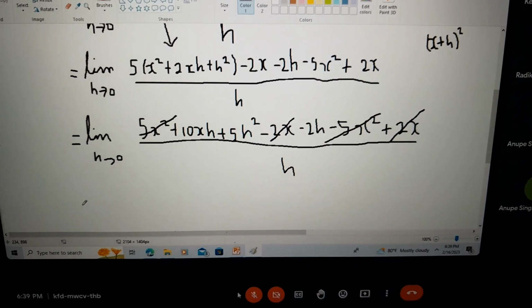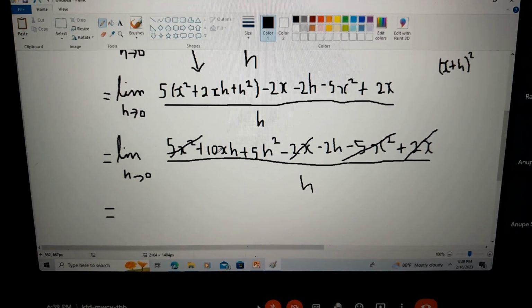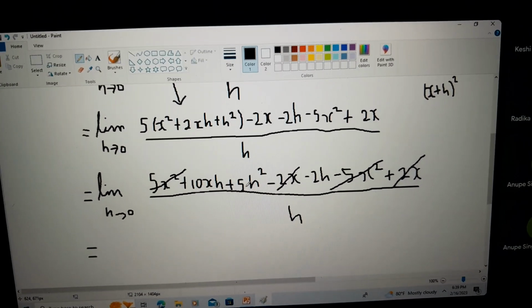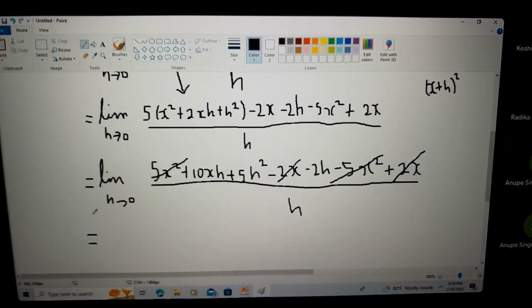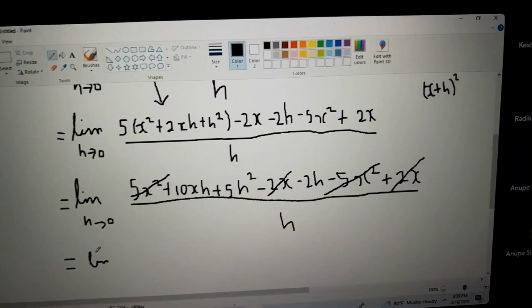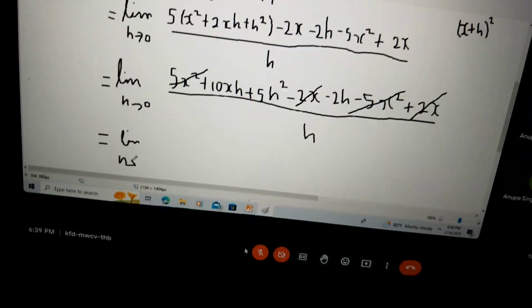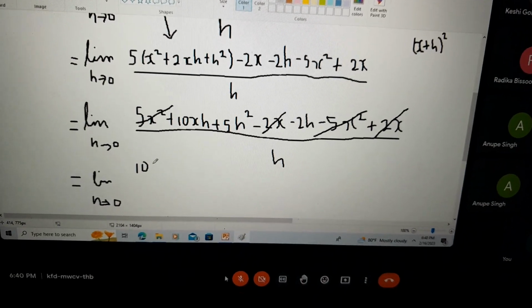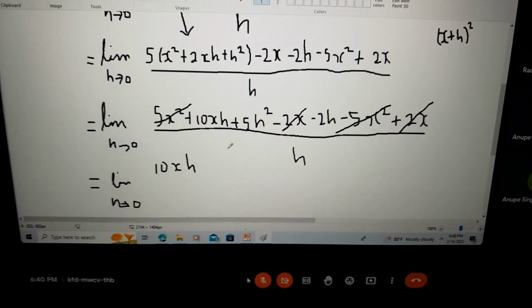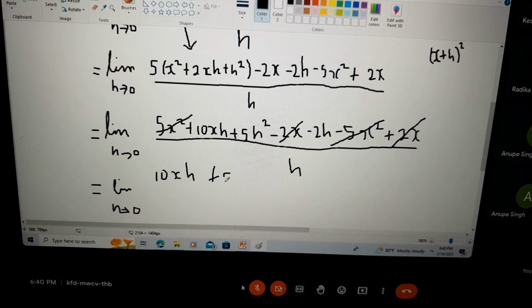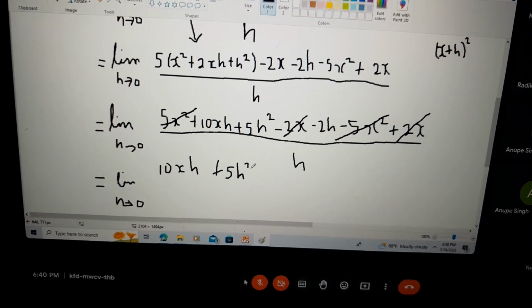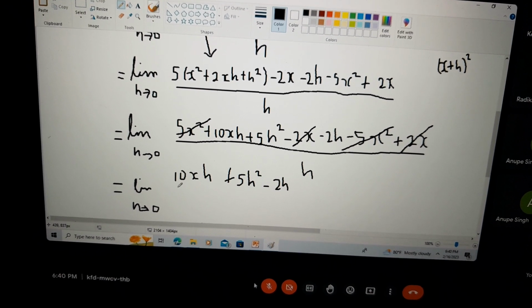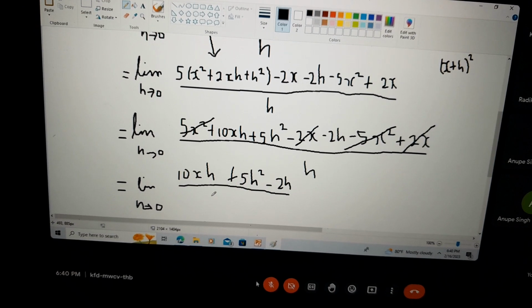So what we'll end up with here, so we have the limit as h approaches 0 of 10xh, we're left with a 5h squared and a minus 2h, all over h.